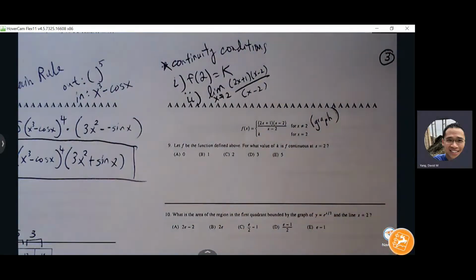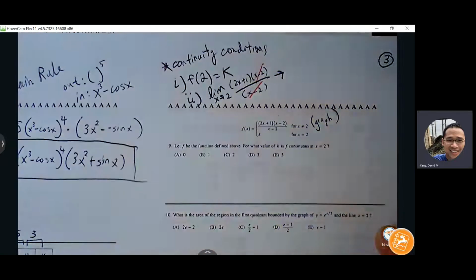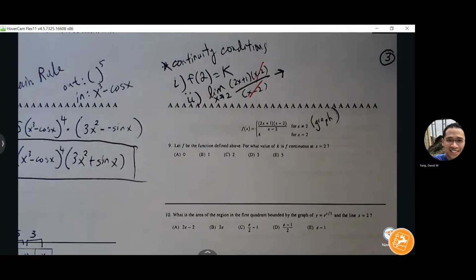Okay, plug 2 in, I get 5 times 0 over 0. So 0 over 0. I can do L'Hopital's rule, but in this case, I think it's easier and faster if I just reduce and reevaluate. So my limit is 5.